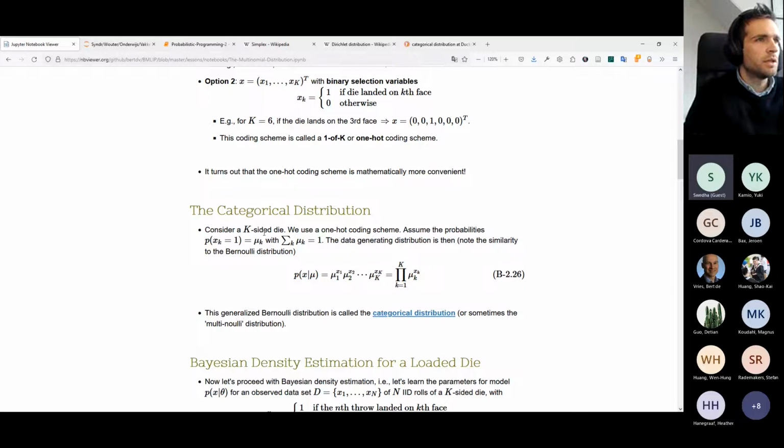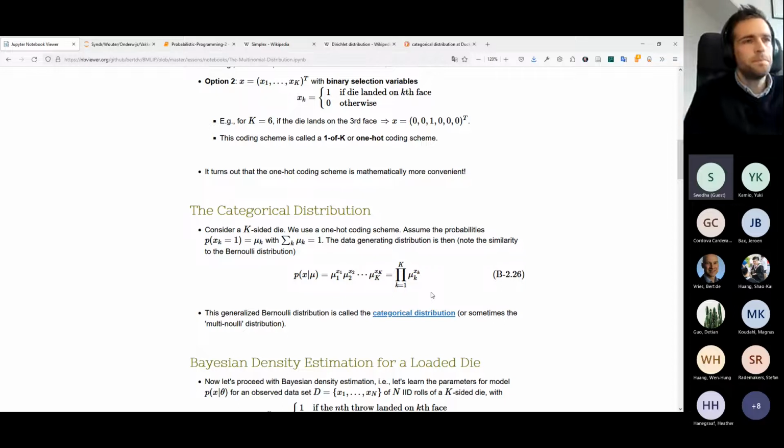So this is a die. Yeah, exactly. That face is rolled. Why do we not have like 1 minus mu k for the rest of the options of the die?